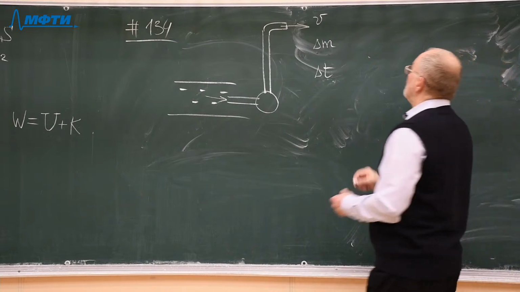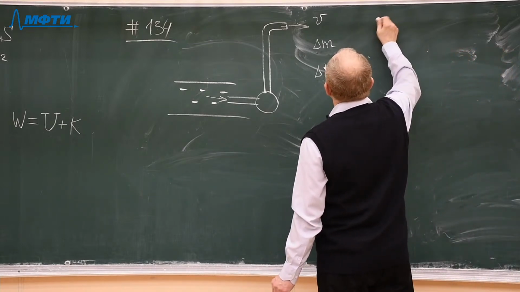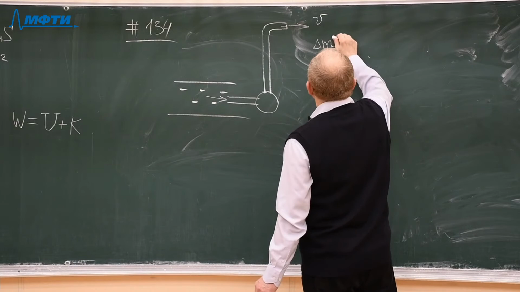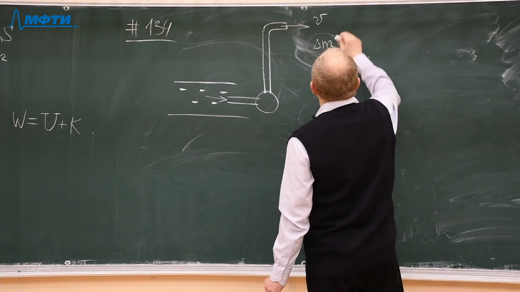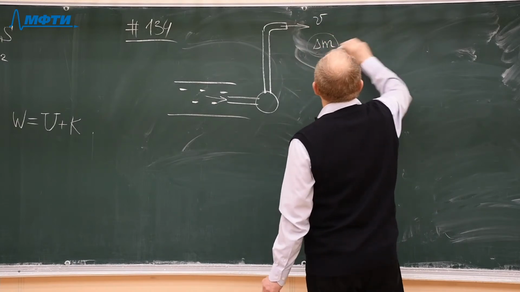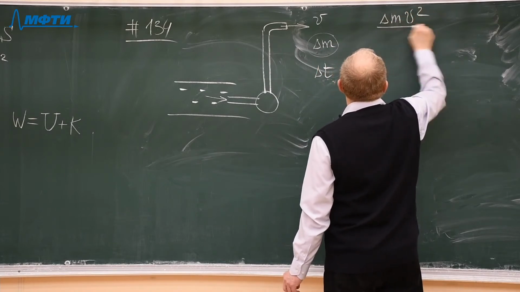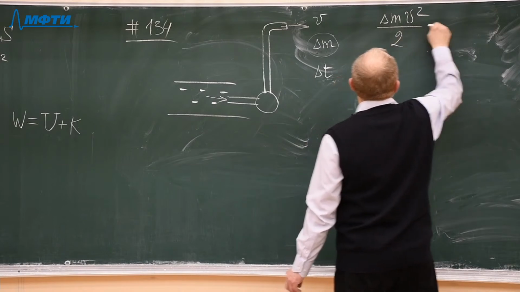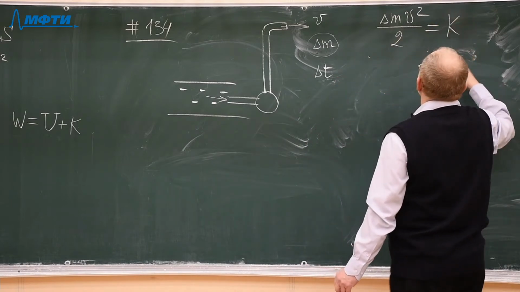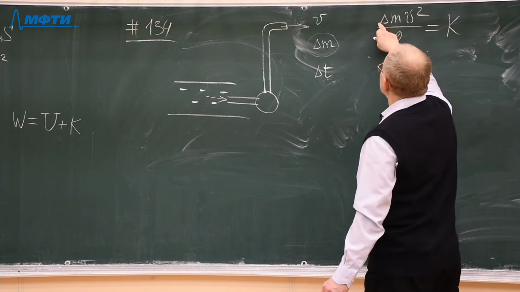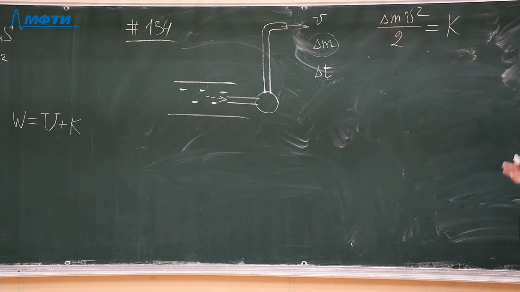So we immediately know that the water of mass delta m going with velocity v has the kinetic energy delta m v squared over 2. That is the kinetic energy of the water pumped within a unit of time, within 1 second, for example.